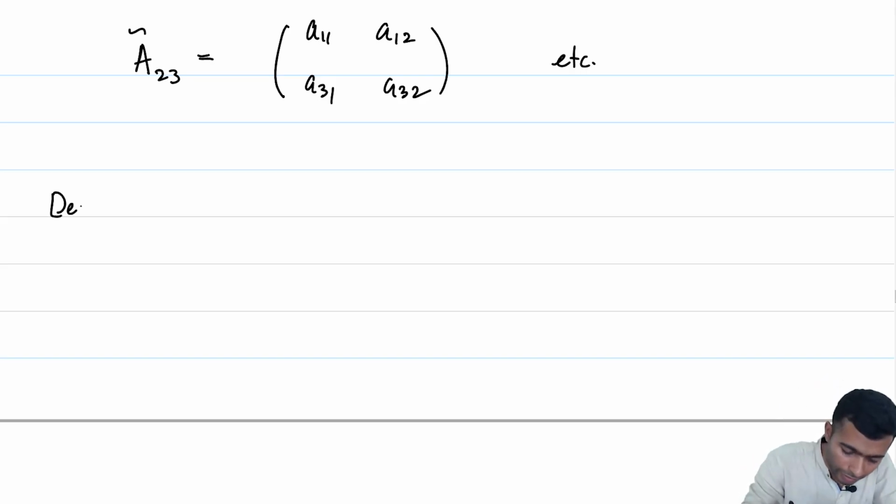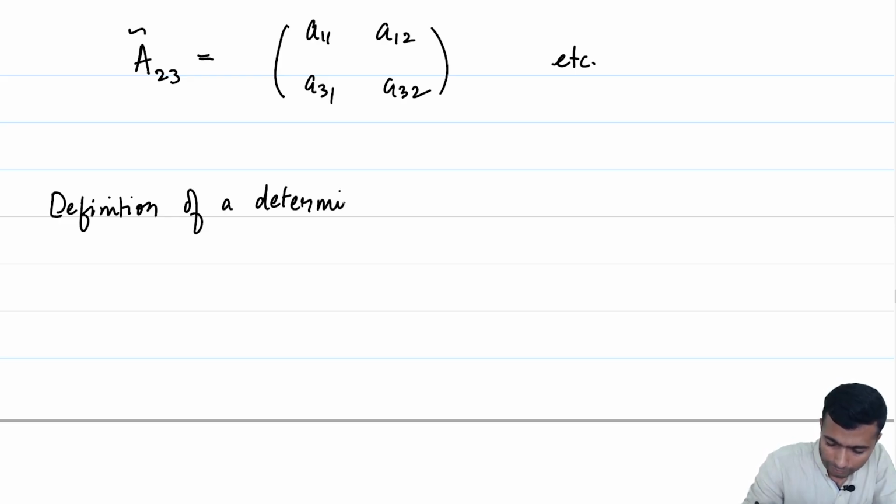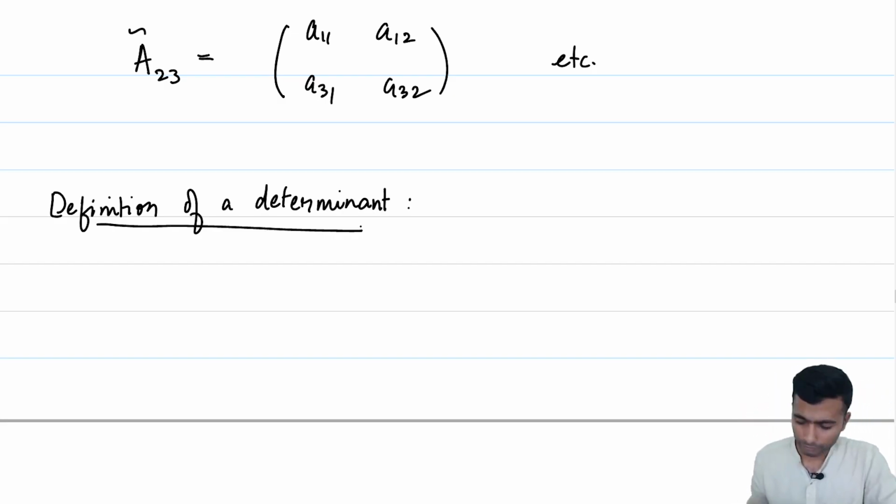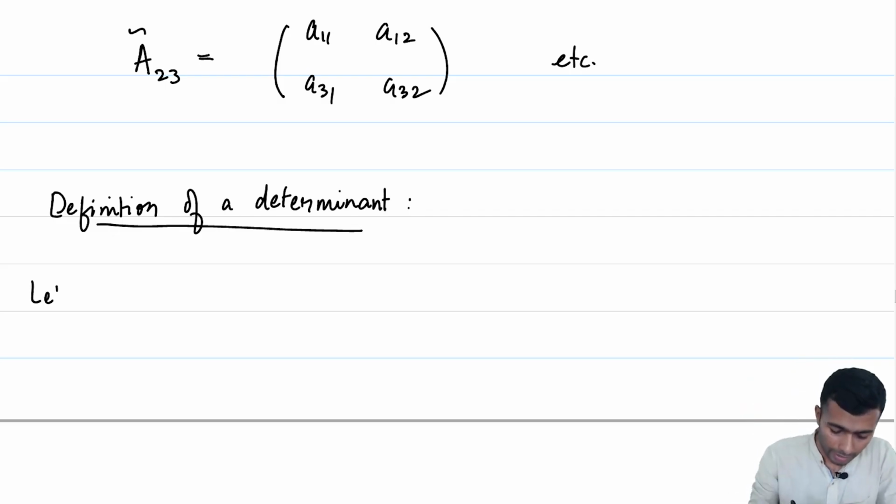So, definition of a determinant. Let A be an n cross n matrix, any n cross n matrix.